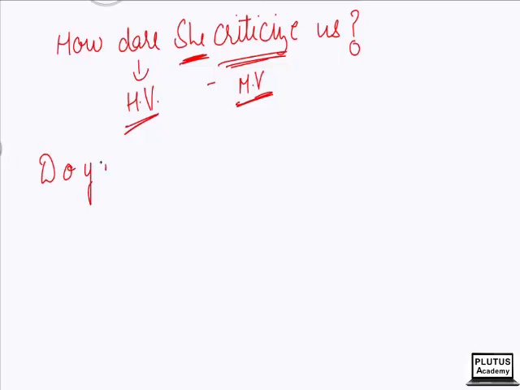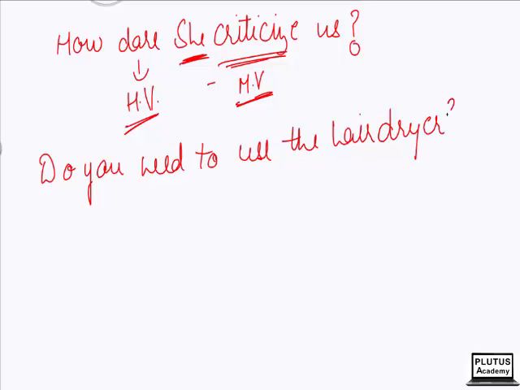Do you need to use the hair dryer? So the subject of the sentence here is you, and it is being preceded by do. Do जो है वो subject of sentence से पहले आ रहा है, तो इस केस में helping verb कौन होगा? Do होगा, and you is followed by need.